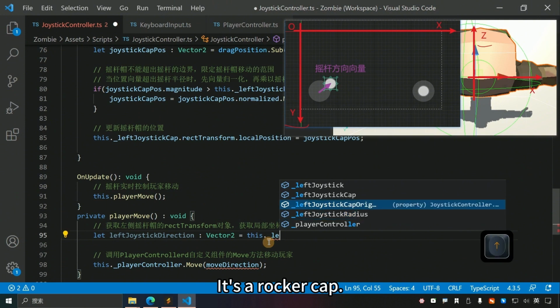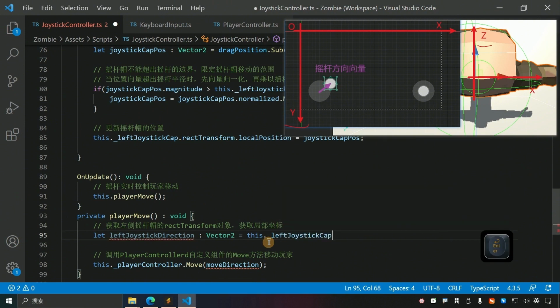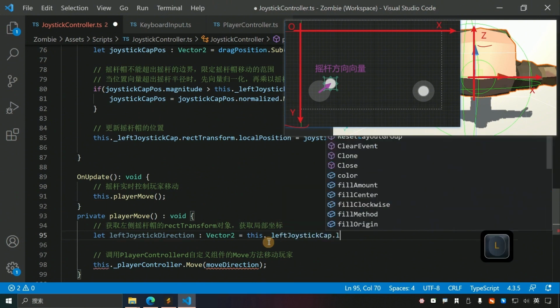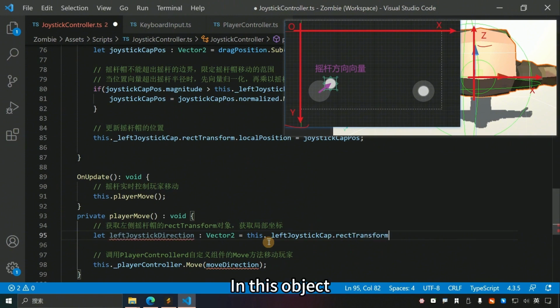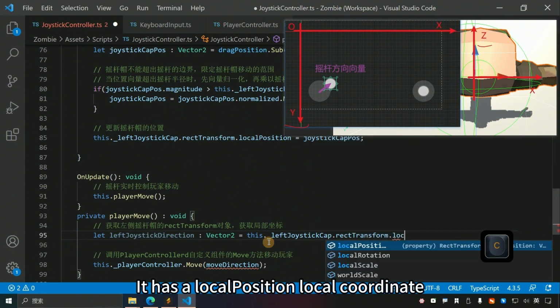It's a rocker cap. In this object, it has a local position, a local coordinate.